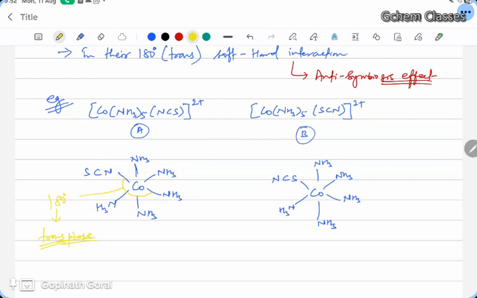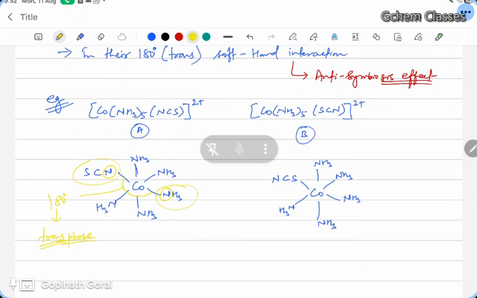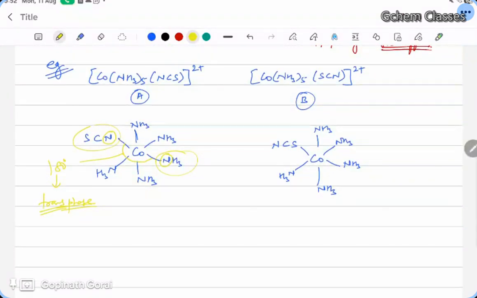I'm just saying that these two belong to the trans phase, at 180-degree angle. Both are connecting through nitrogen, and we know that nitrogen is a hard Lewis base. So here is hard interaction, right? So we can write it here.